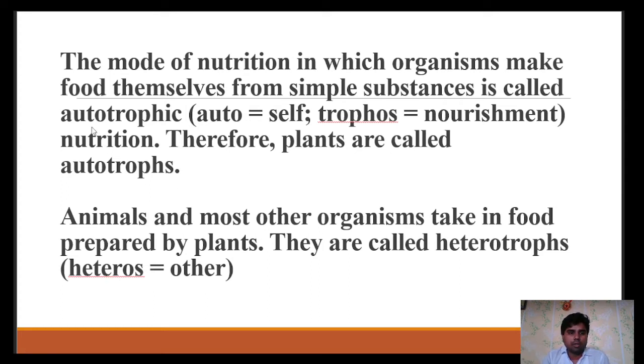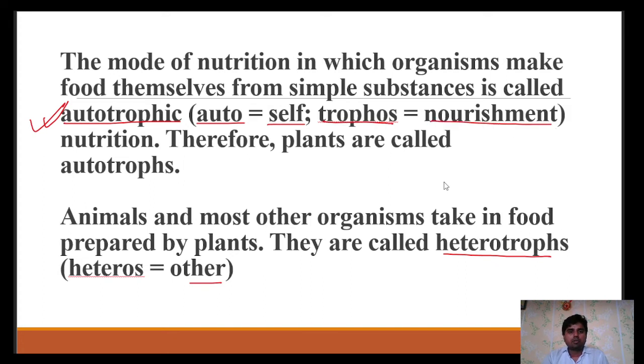What are those? The first one is autotrophic nutrition and the second one is heterotrophic nutrition. First of all we will study autotrophic. Auto means self. What does tropos mean? It means nourishment.